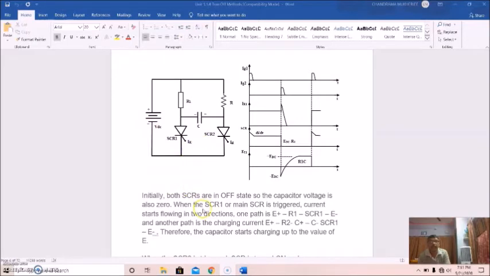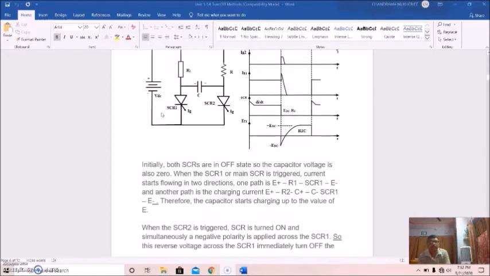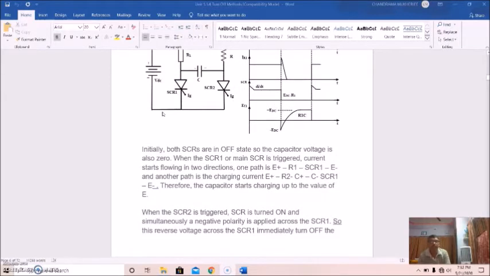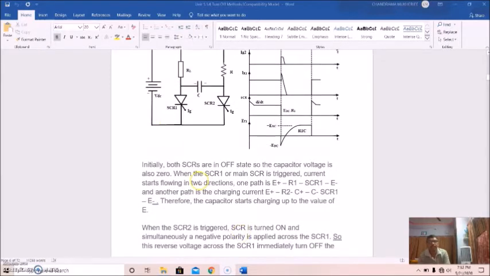The other is the charging current, from positive through this resistance, then positive C, then negative C, and again through SCR1. In the second case, the capacitor is charged fully to the supply voltage E.